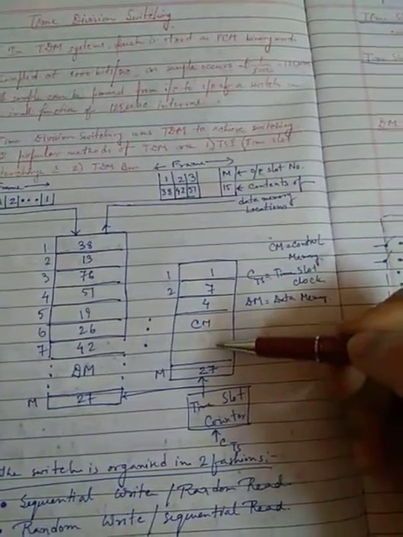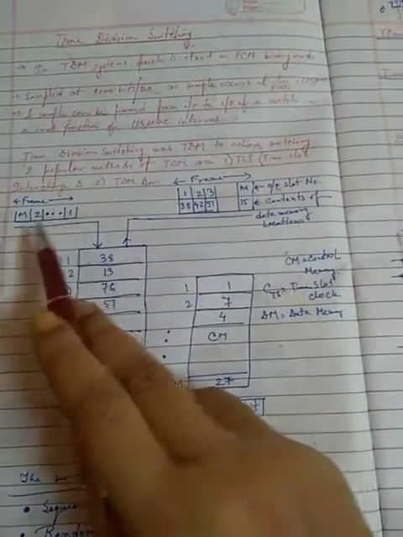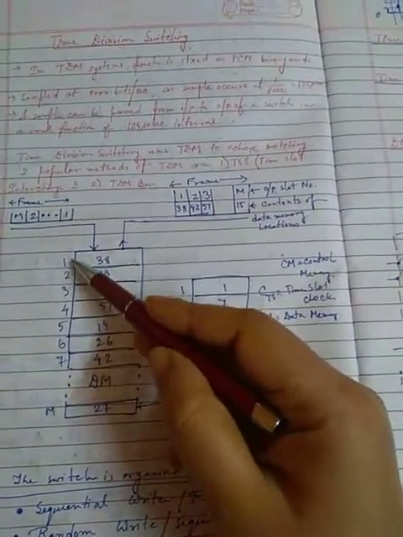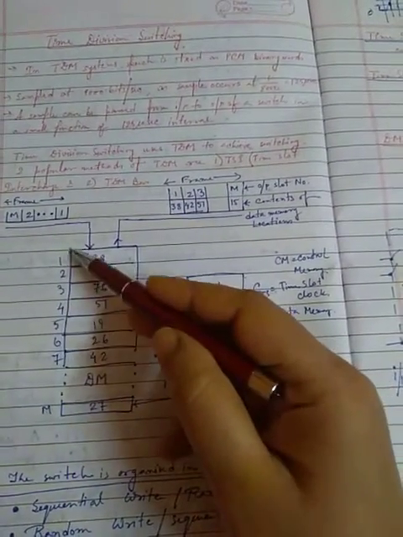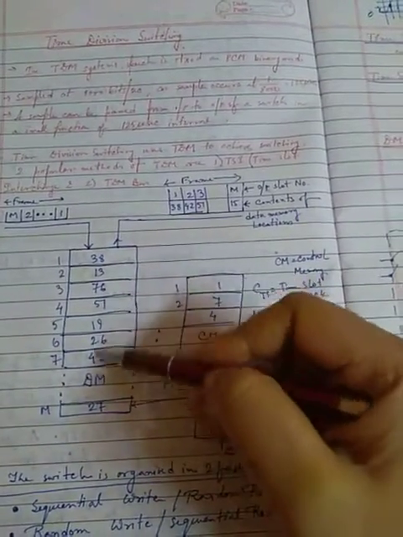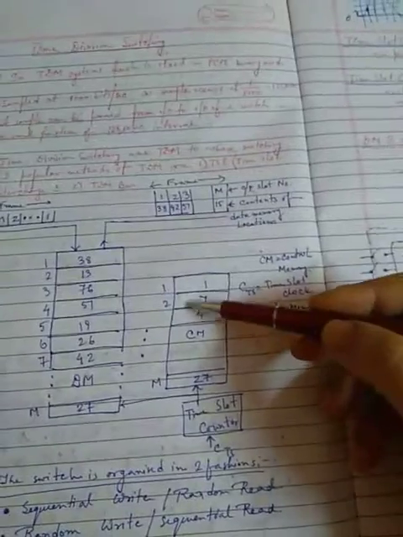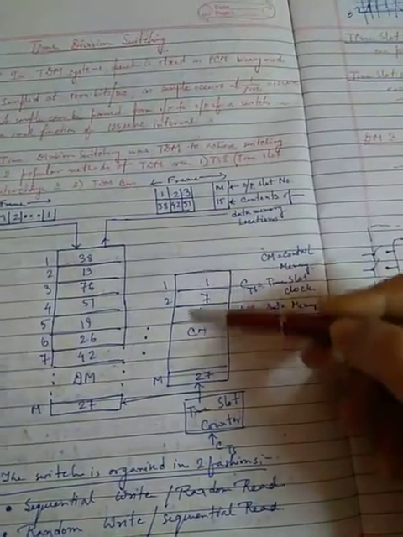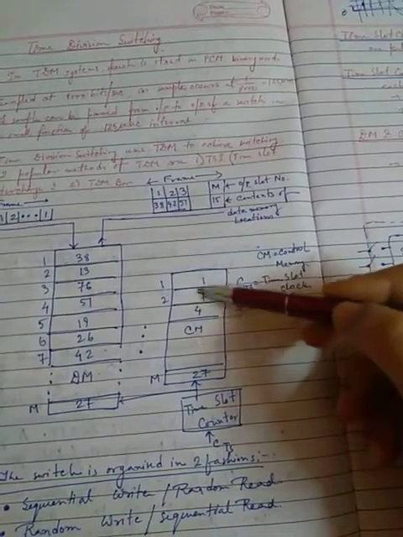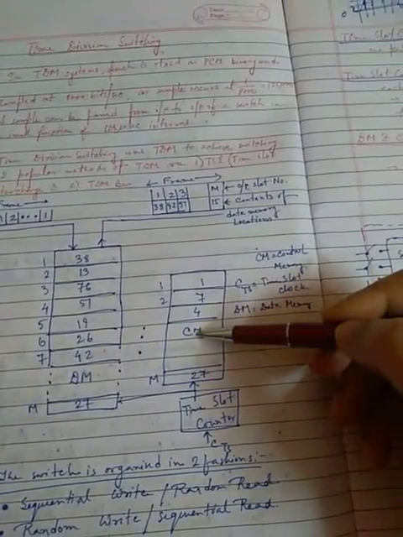How is it? Suppose here we can see that this frame is coming, and beside the time slot number, some contents, some addresses, are written over here. And here in the control memory, we can see that beside one, the address of another time slot's content is written.